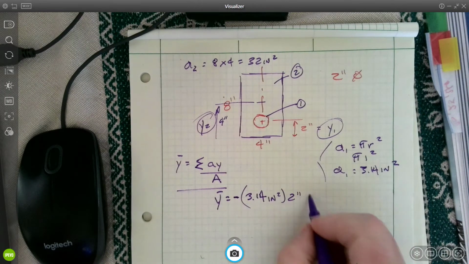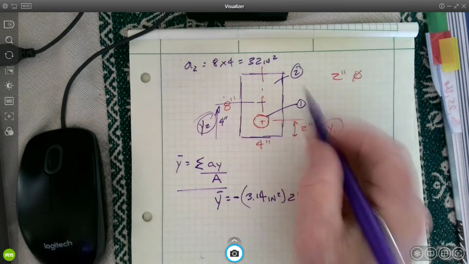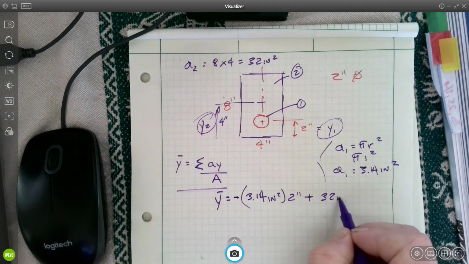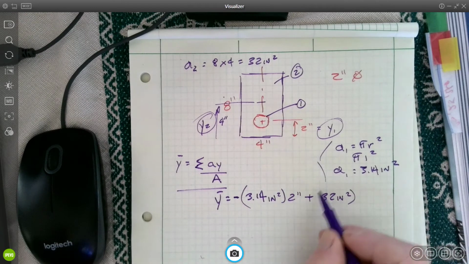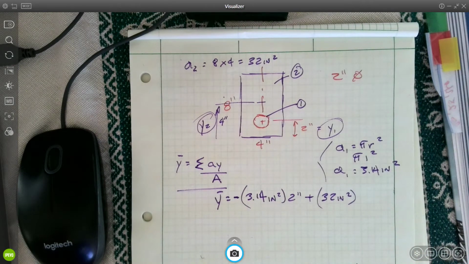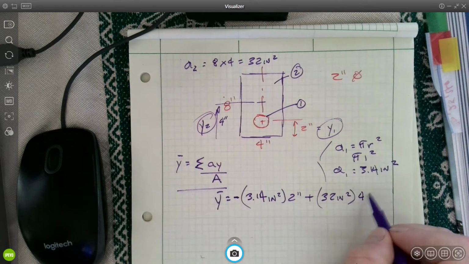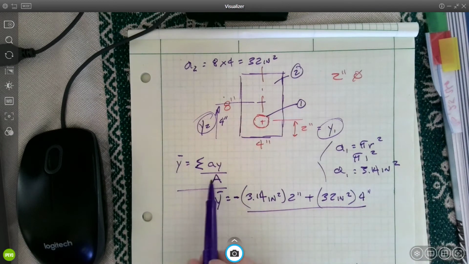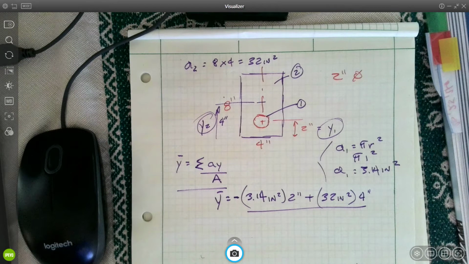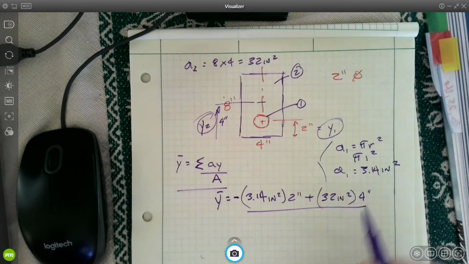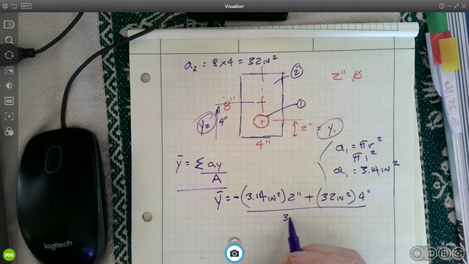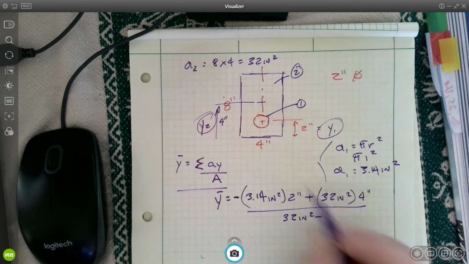And then plus my solid, which is 32 inches squared, times its y distance, which is 4. And then all of that is over the total area A. So that's the addition of the two. I'll put in the positive one first, and then subtract the hole.